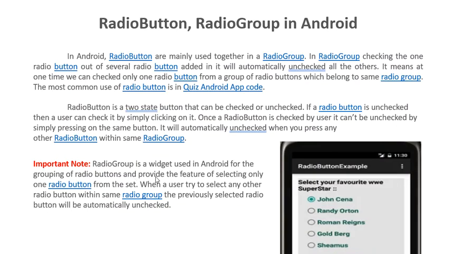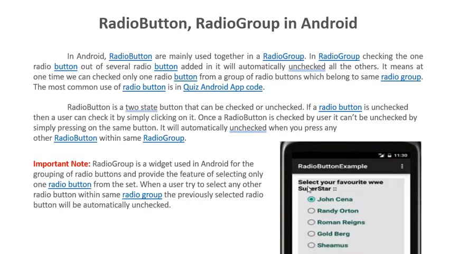When the user tries to select any other radio button within the same radio group, the previously selected one will be automatically unchecked.